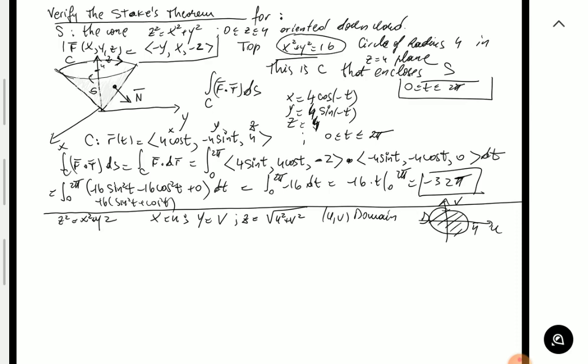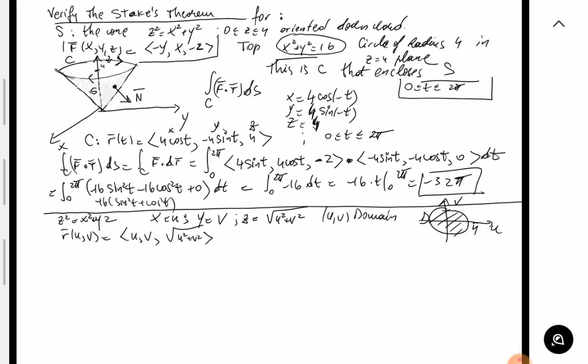So probably when I compute the surface integral, I'm going to choose eventually polar coordinates for the double integral that is used to compute the surface integral. Okay, so therefore r of uv, the surface in the parametric form, is u, v, square root of u squared plus v squared.